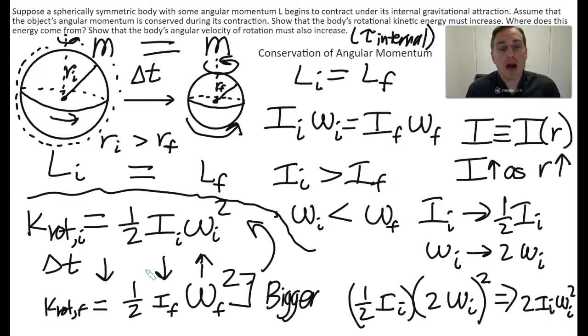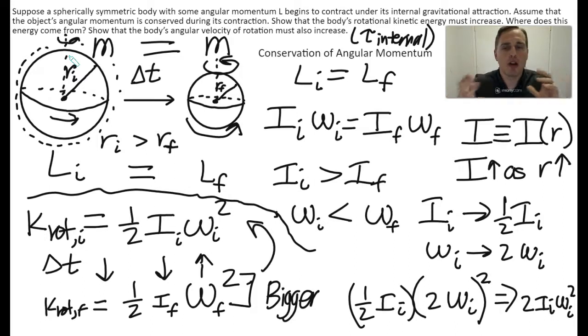Another way to think about this is, where did the energy come from? Then it'll answer the last question. Well, you could imagine that the gravity force is doing positive work on the mass, and the gravity force is doing that positive work on the mass because it's forcing it over a displacement, and the force and the displacement are roughly in the same direction, and that means it's doing positive work.